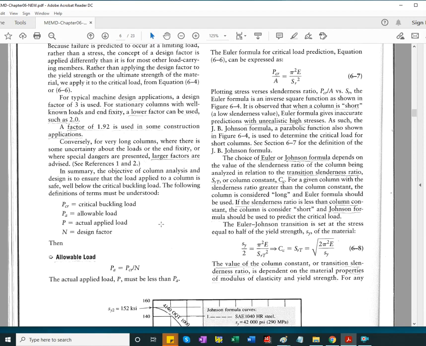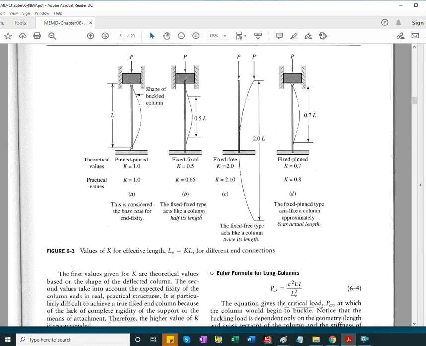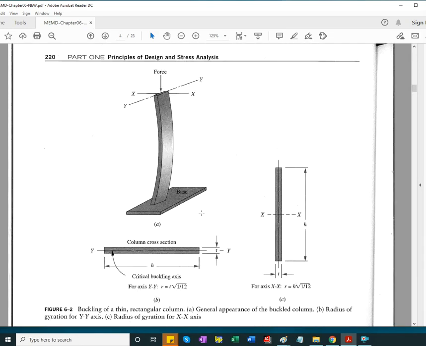Okay. Now, if you start with a column like this one, and you start reducing the length, and you calculate, I said that the yield strength of the material does not matter, but let's say we are evaluating the compressive stress and relating it to the yield strength of the material.